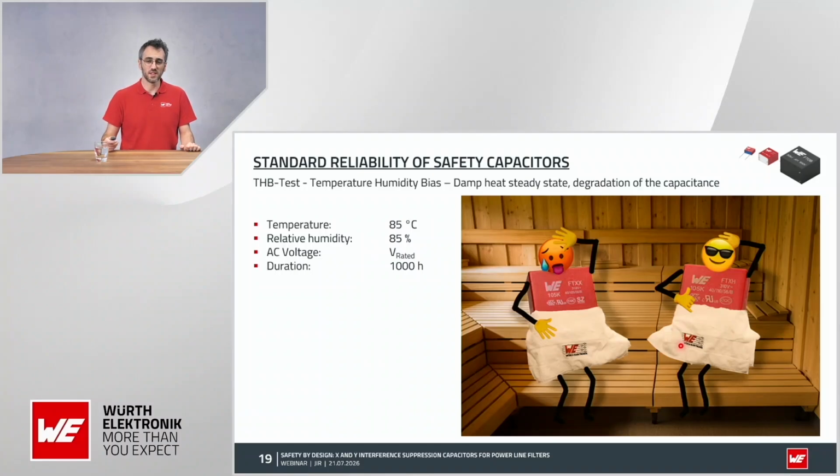One way to test this is the different damp heat steady state tests, also defined in the different standards. The most harsh test is the so-called THB 85/85, which is 85 degrees and 85% relative humidity with rated voltage applied, for 1000 hours.